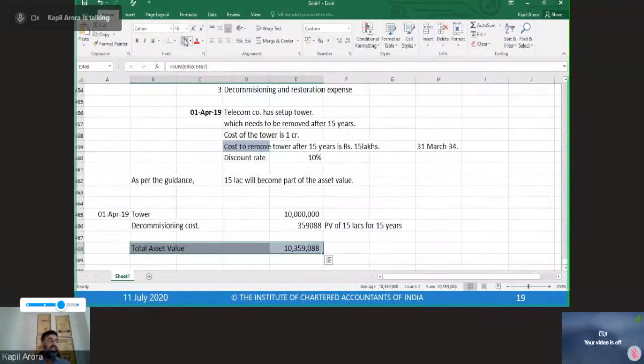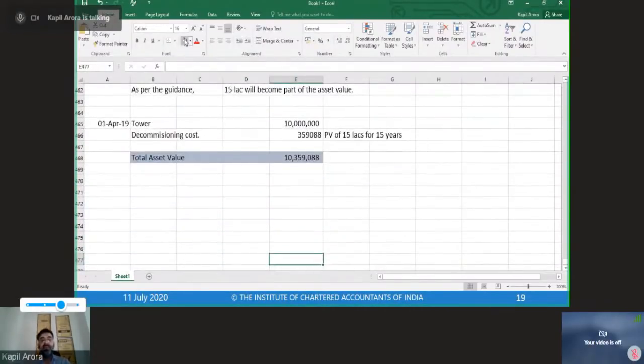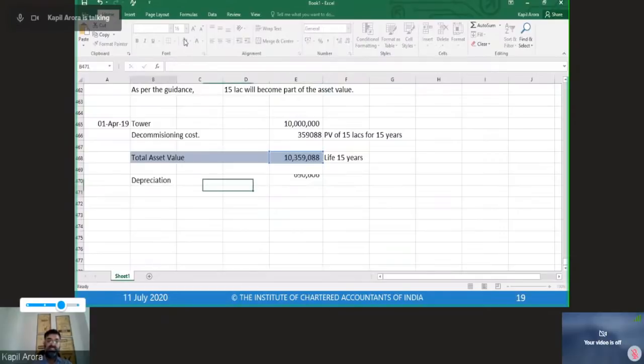Now the life of this asset is 15 years, so this asset will be depreciated over the useful life of 15 years.